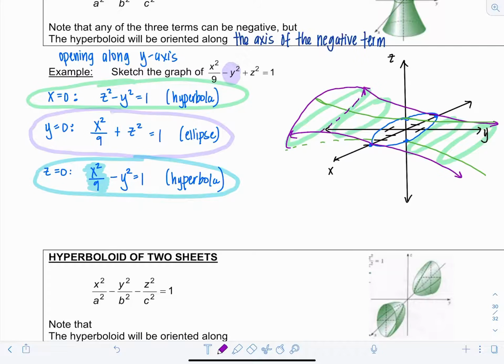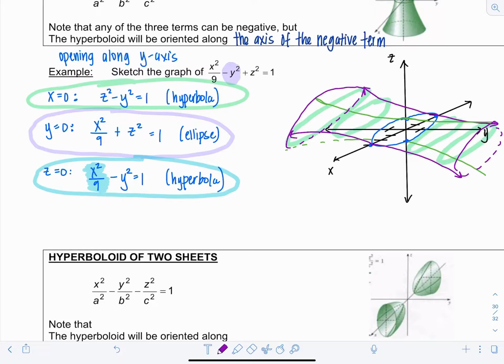Something like this. So you can see it's opening along the y-axis. Good news, it doesn't come up too often, but just as long as you get the idea of the traces. And I know we're not all art majors, so as long as the math is there and the traces are there and everything's labeled nicely, that's good enough for our purposes.